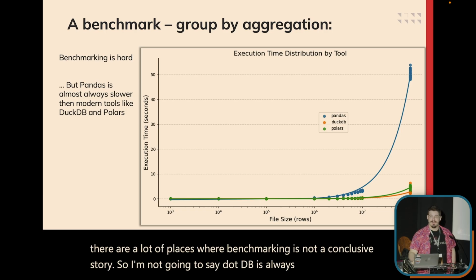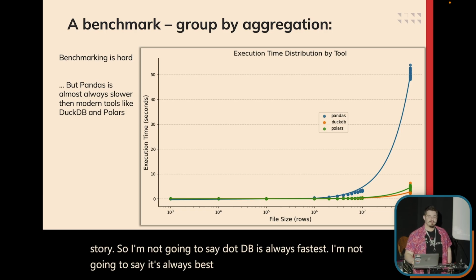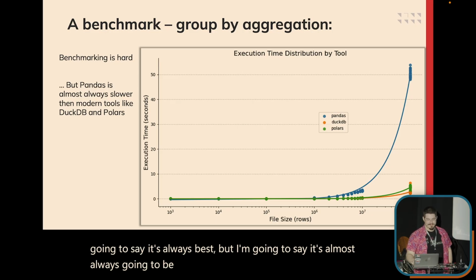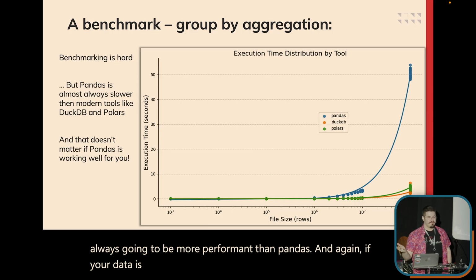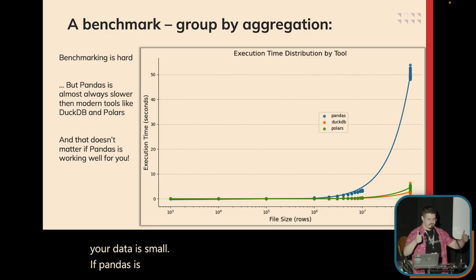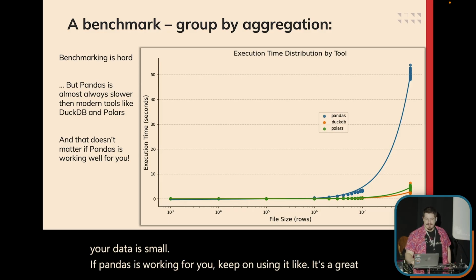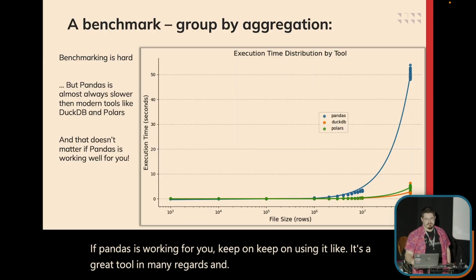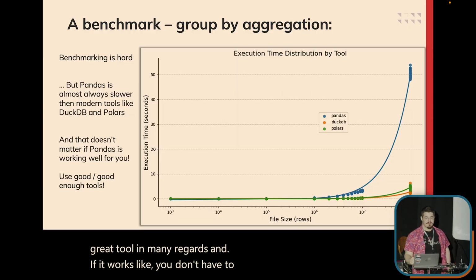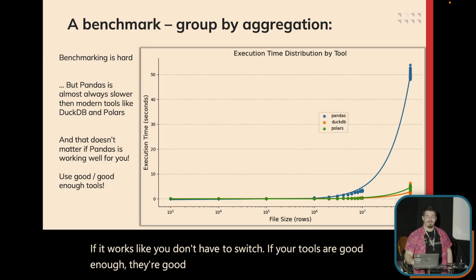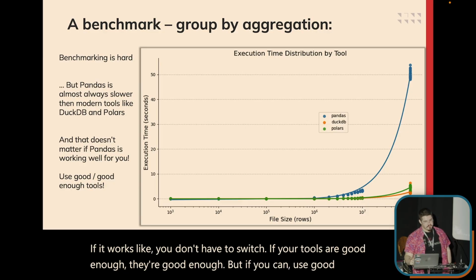I'm not going to say it's always best, but I'm going to say it's almost always going to be more performant than Pandas. And again, if your data is small, if Pandas is working for you, keep on using it. It's a great tool in many regards, and if it works, you don't have to switch. If your tools are good enough, they're good enough. But if you can use good tools, they're better than bad tools.